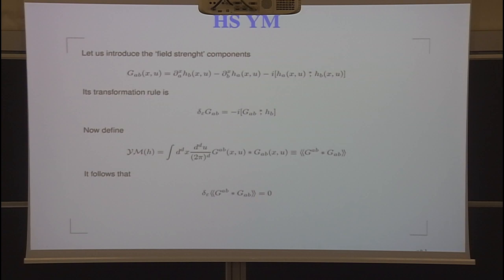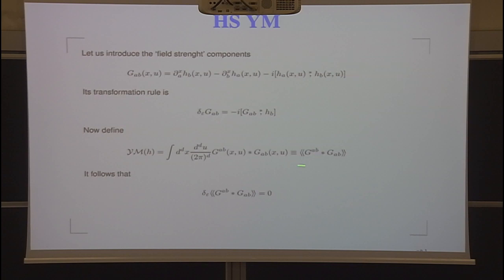Well, as I said, it is even too easy to construct a theory like this, because if you construct a field strength G_AB like this, which is the analog of a field strength in gauge theories, it transforms in this way, in a very simple way. And so if you introduce this functional, it is invariant under this gauge transformation. It's completely invariant.